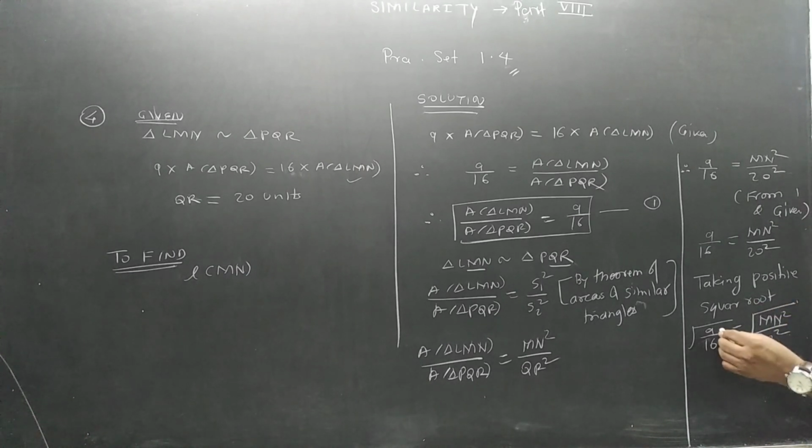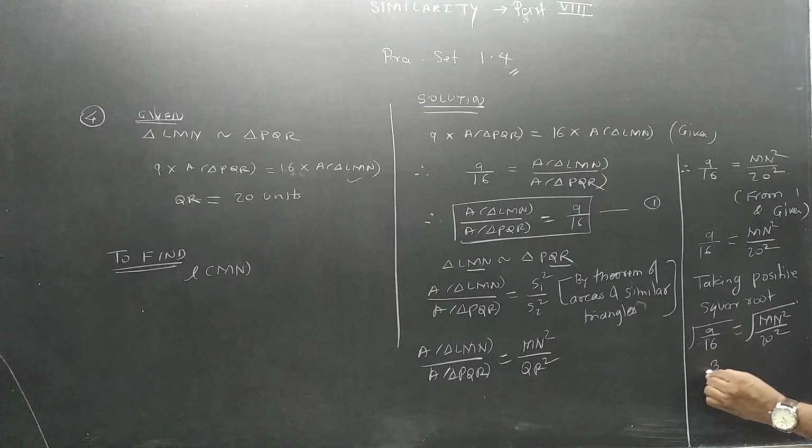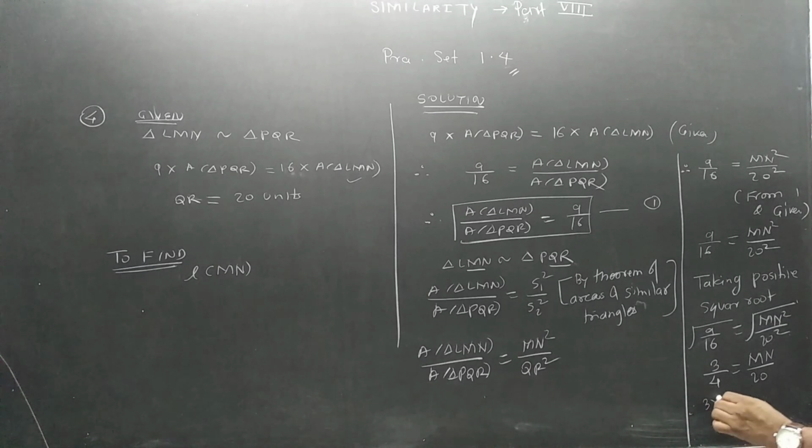So here the square root of 9 is 3 upon 4. The root of MN square is MN, and the root of 20 square is 20. So what I'll get? 3 into 20 upon 4 is equal to MN.